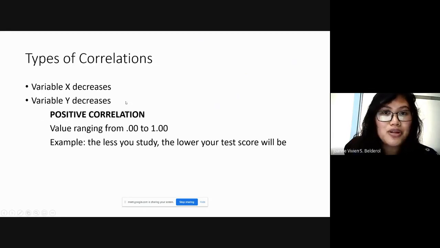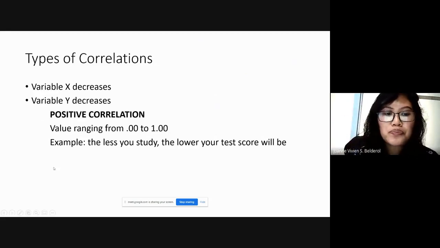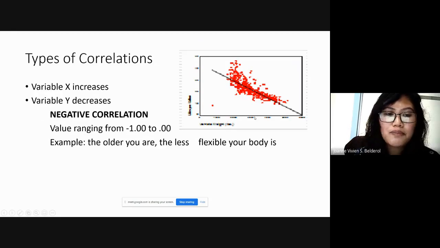So, that's positive relationship. Next, this one is still a positive correlation, but this time, both variables are decreasing. So, same gihapon nilang direction, pero pababa or decrease. So, the values would still be from 0.00 to 1, but again, ang iyahang arrow ana, both sila paubos. So for example, the less you study, the lower your test score will be. Okay? Now this one is an example of a negative correlation or an indirect relationship.